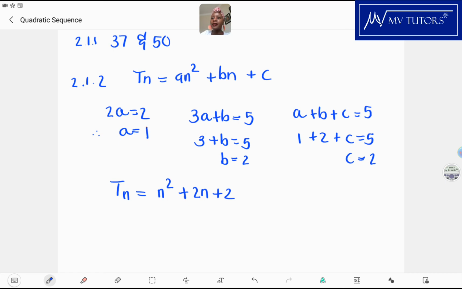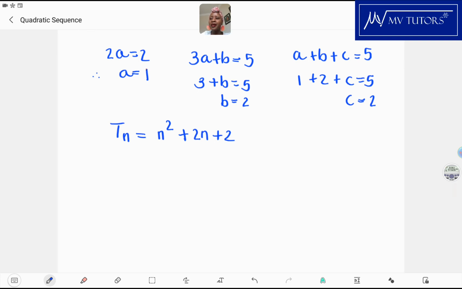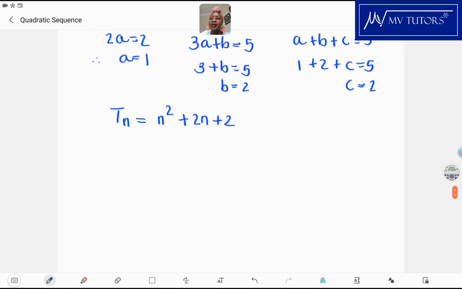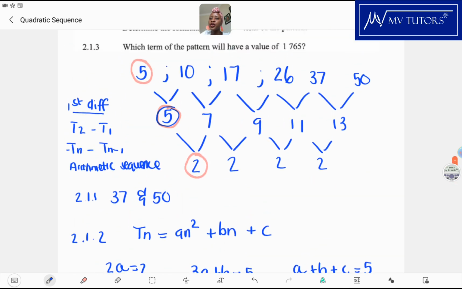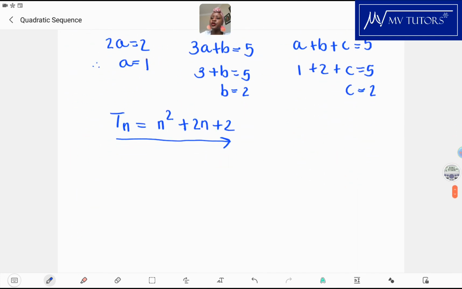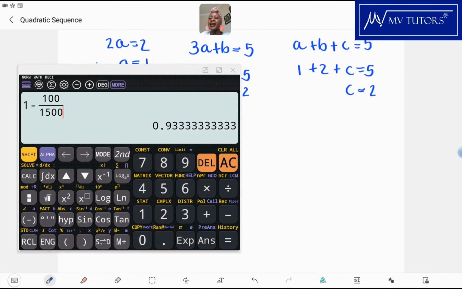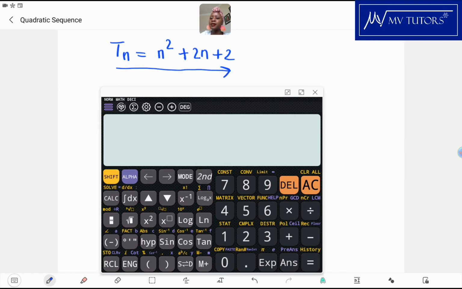And guys, this is where you want to now check. You can't just get an answer and be happy and move on. You need to check whether this equation is correct. Our fourth term is 26, right? If we were to substitute 4 in this formula, will we get 26? So if I have 4 squared plus 2 times 4, which is 8, plus 2, I'm getting 26.